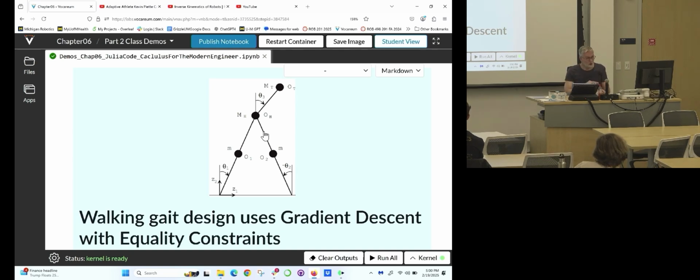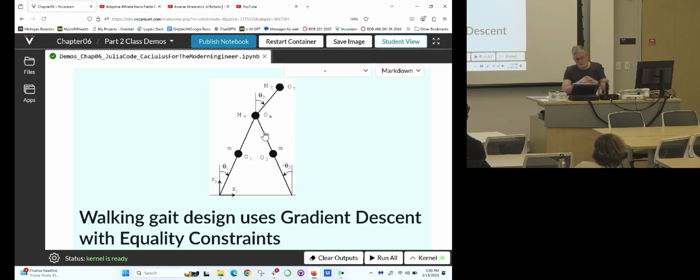Because if there's a disturbance on that exoskeleton, the leg has to change its positioning quickly to prevent the person from falling, right? So let's suppose you're updating it every 10 milliseconds. On my Cassie robot, it was actually every half millisecond, okay?